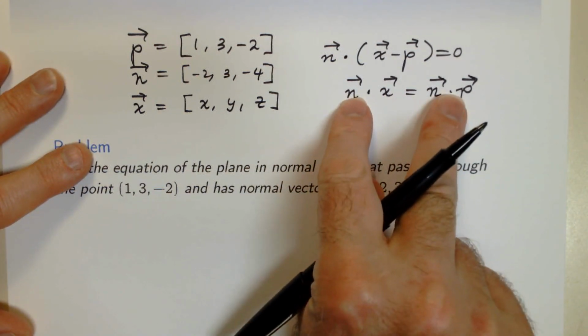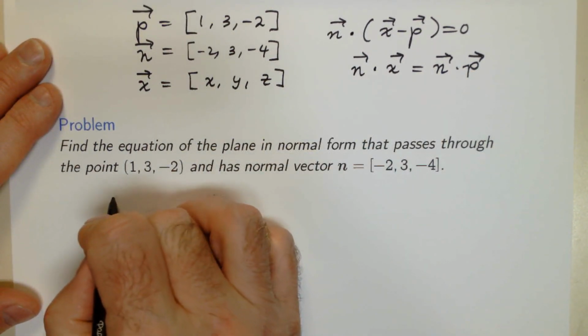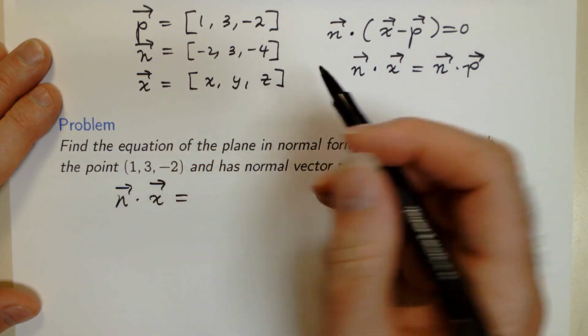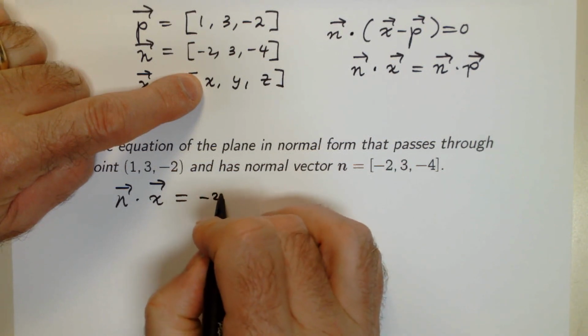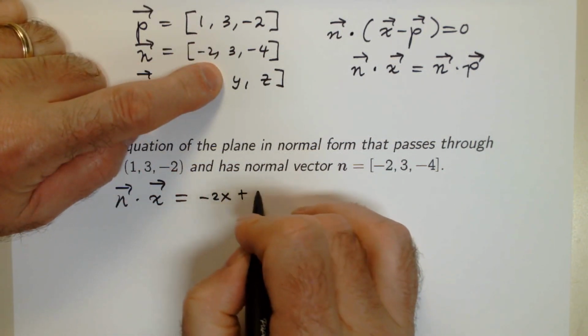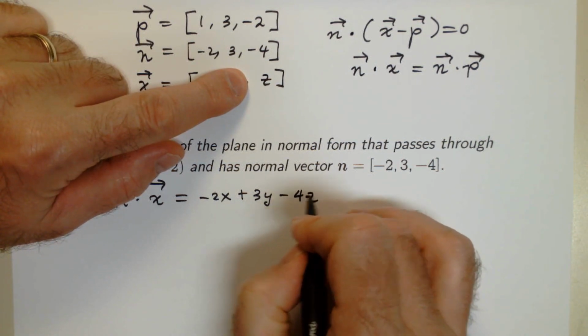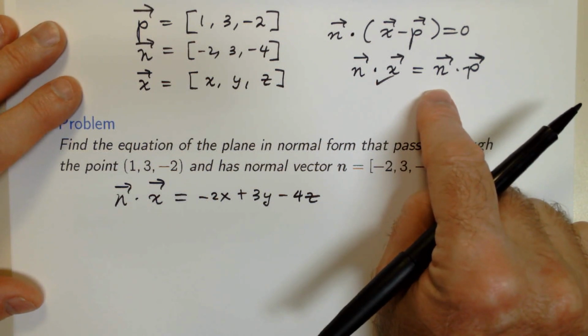So we can see that we've got two calculations to carry out. So let's carry out these calculations. We want to get n dotted with x on the left-hand side, and so we can see that right here. We're going to have negative 2x plus 3y minus 4z. That's our left-hand side. And then we've got to do n dotted with p.